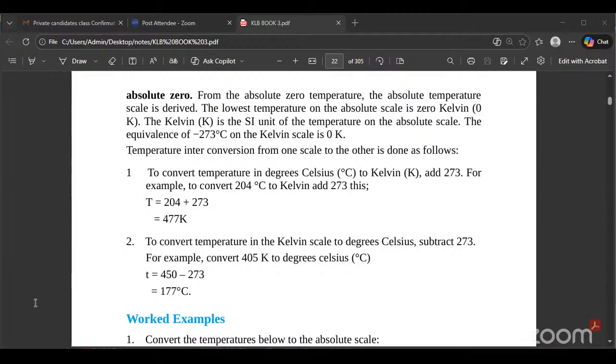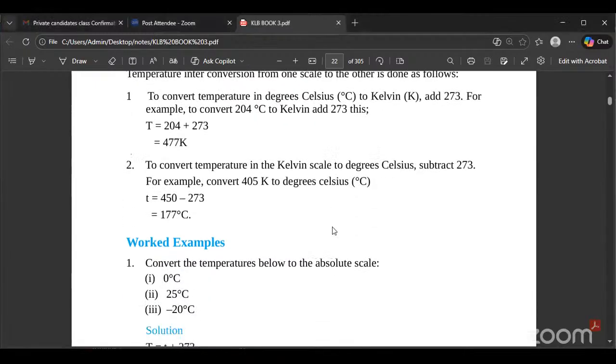interconversion. I'm still insisting that the absolute scale is the SI unit of temperature.